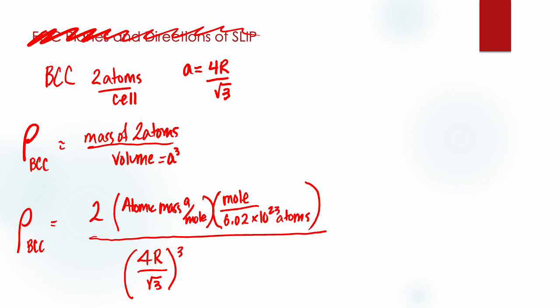Now, an atomic radius is typically in what are called picometers, which is 10 to the negative 12 meters.